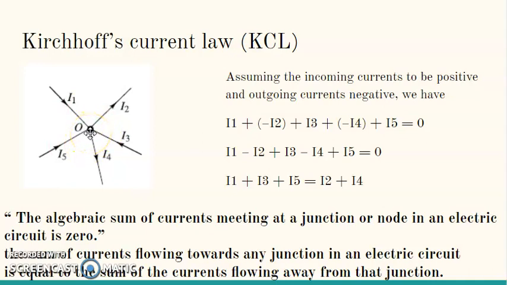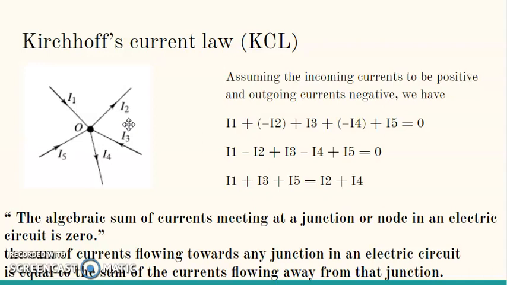According to Kirchhoff's current law, the algebraic sum of all these currents should be equal to 0. The word algebraic means that we have to consider the sign of the currents also. The sign convention assumed is that all incoming currents are positive and all outgoing currents from that node are negative.